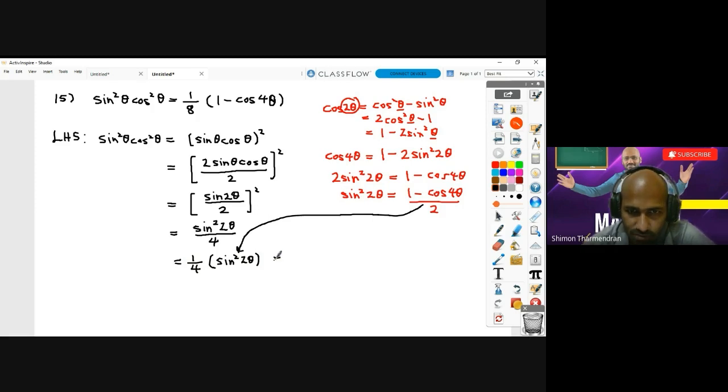So I will get 1 over 4, open bracket, 1 minus cos 4 theta, everybody divided by 2. If everybody is divided by 2, I can take the 2 out. 4 times 2, I got the answer. 1 over 8 times 1 minus cos 4 theta here.